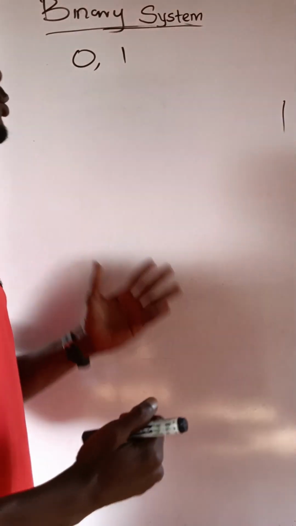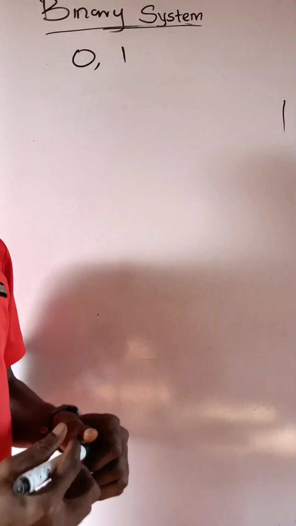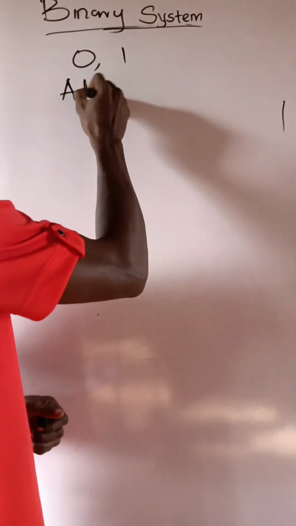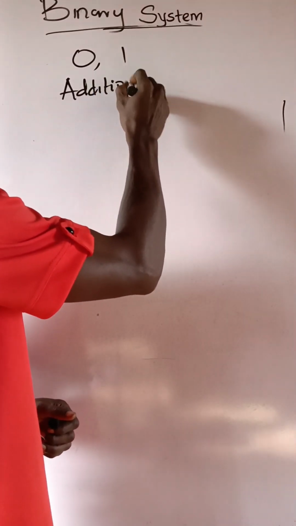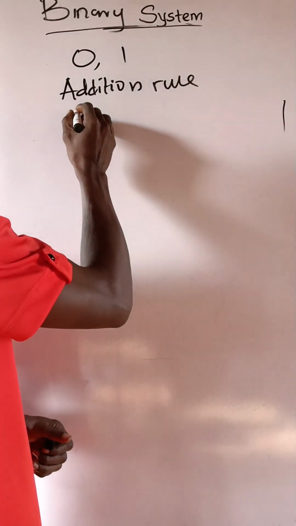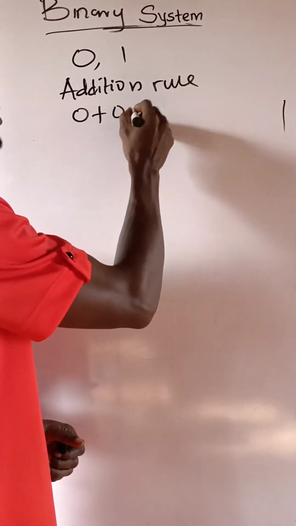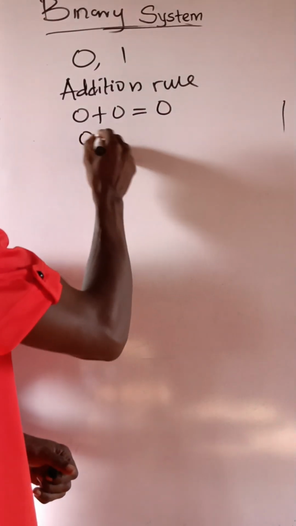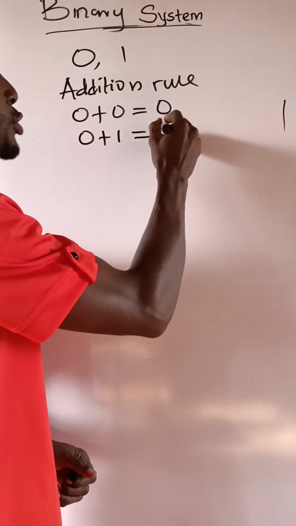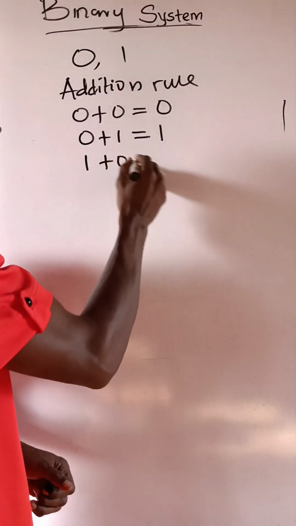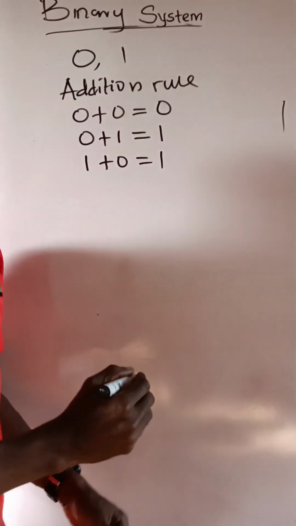Now let's start with the first rule in binary system. The first rule is addition rule. In addition rule, 0 plus 0 is equals to 0. 0 plus 1 is equals to 1. 1 plus 0 is equals to 1.